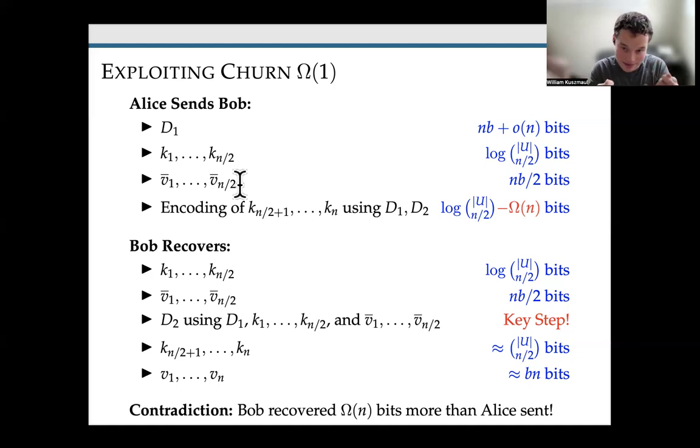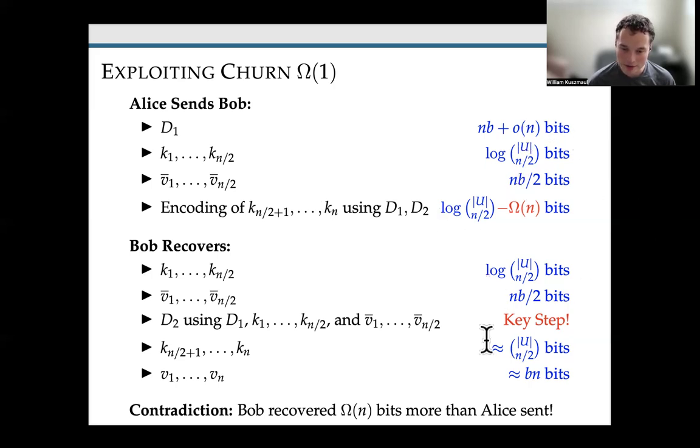So even though Alice didn't send him D2, Bob can perform the edits on D1 necessary to construct D2 on his own. So at that point, Bob's going to have both D1 and D2, and that's going to allow for him to recover the actual key set that Alice had compressed.